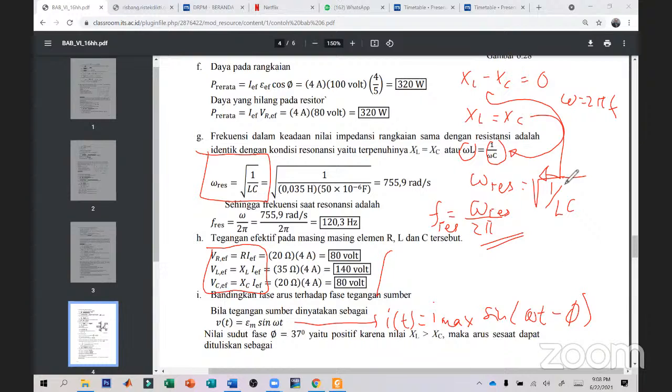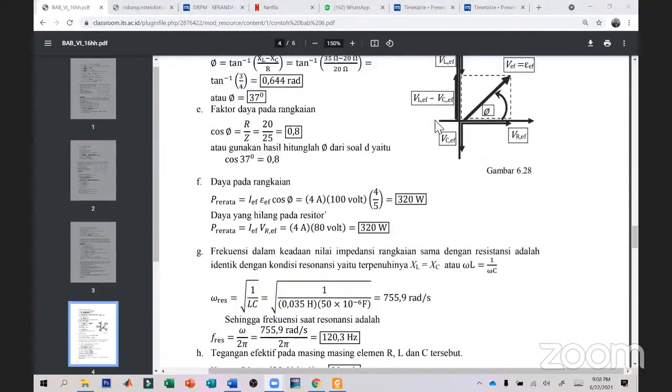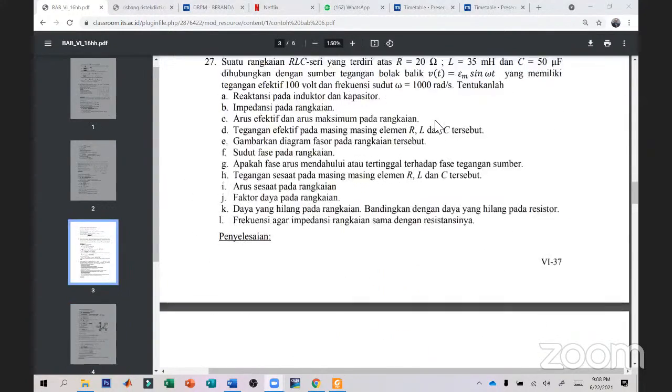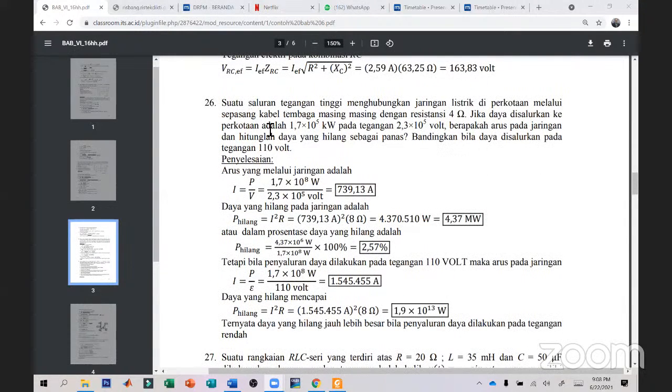Then on the next example, please read this one by yourself. This wire to transmit electricity should transmit in high voltage, not in lower voltage.